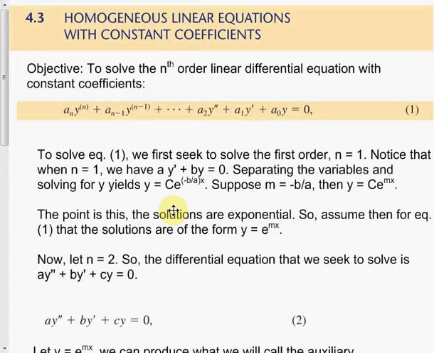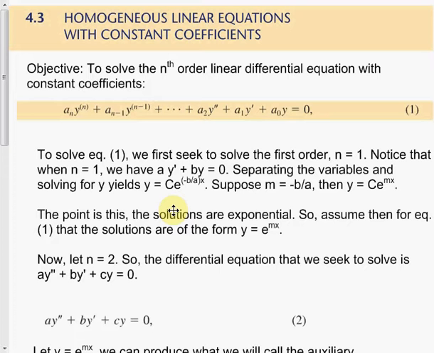Suppose m, a constant, is equal to negative b over a, which is also a constant. Then the solution type is y equal to some constant times e to the mx. What we're saying here is that this becomes the model of solutions for even the higher order differential equations.